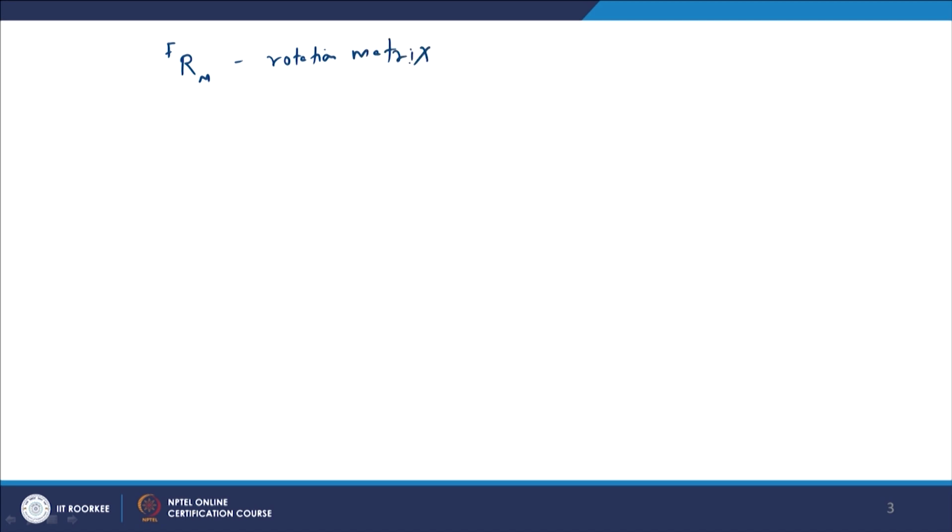It represents a rotation matrix and it gives the orientation of the Fm frame with respect to the F frame.